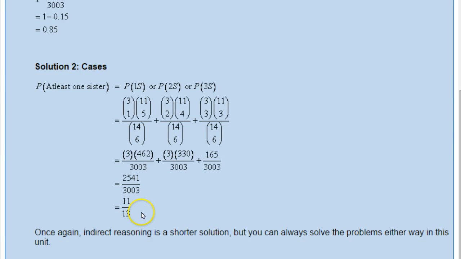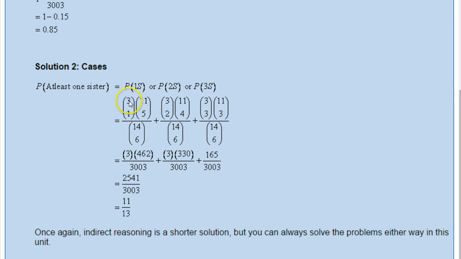So, the second solution is to look at individual cases, which can very rapidly become quite complicated. So what's the probability that we have at least one sister on this group of 6? Well, that is equal to the probability that you have one sister, or the probability that you've got 2 sisters, or the probability that you've got 3 sisters, which are summations, by the way. You add them together.